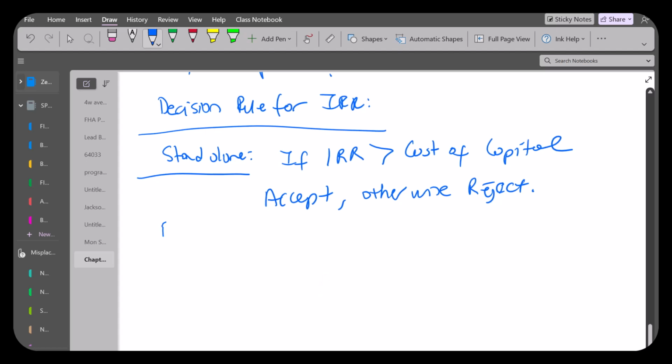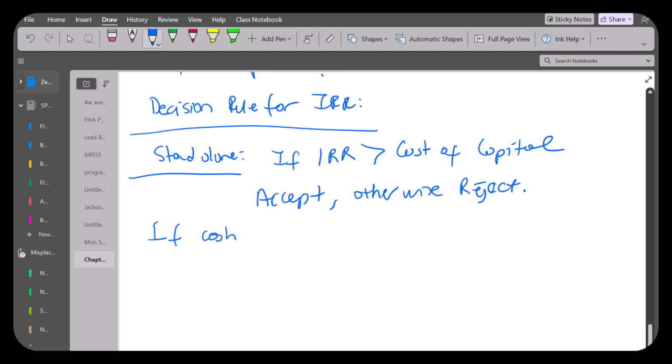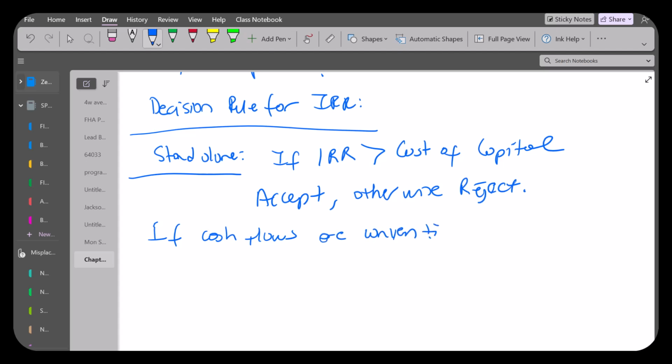If cash flows are conventional, IRR is greater than R if and only if NPV is greater than 0.